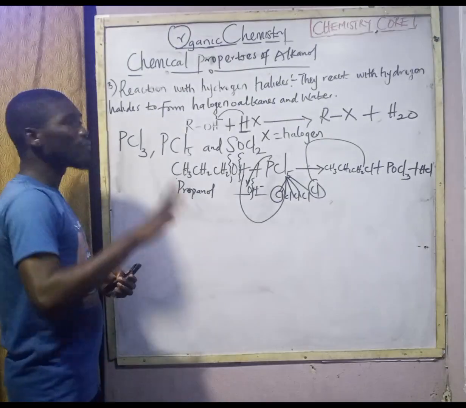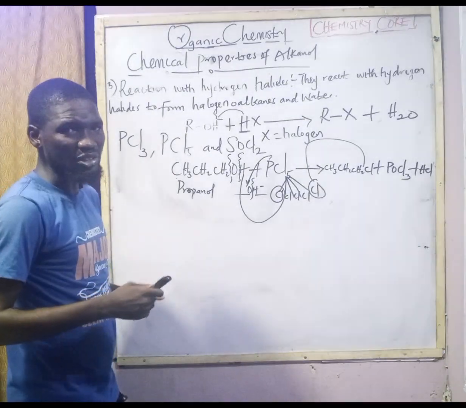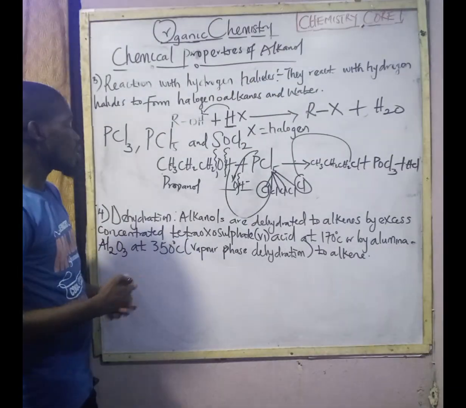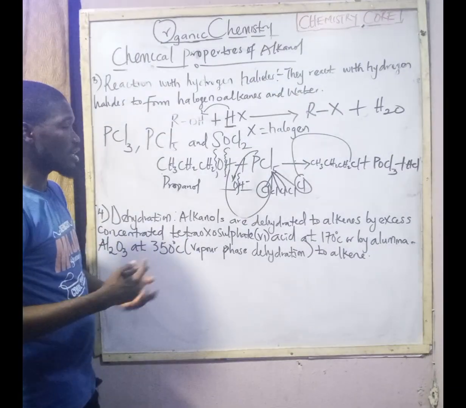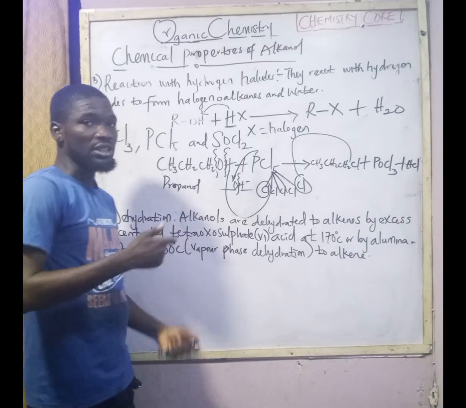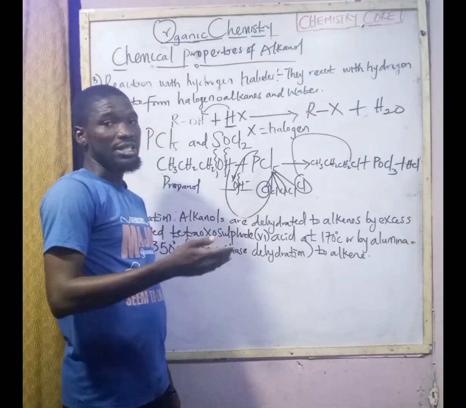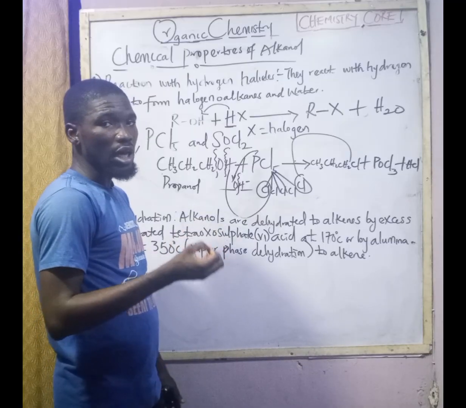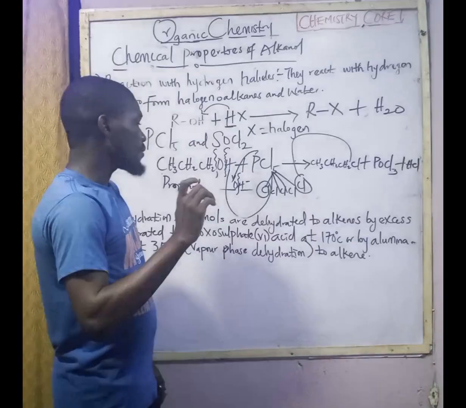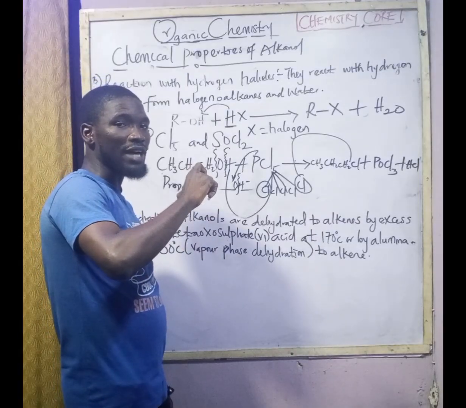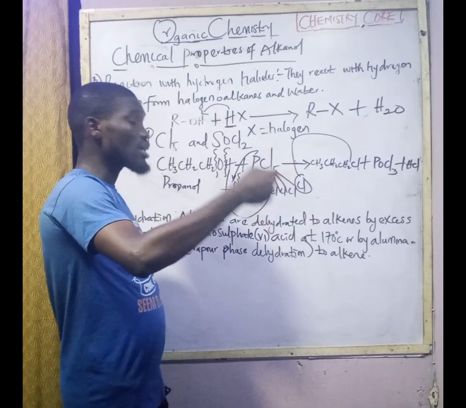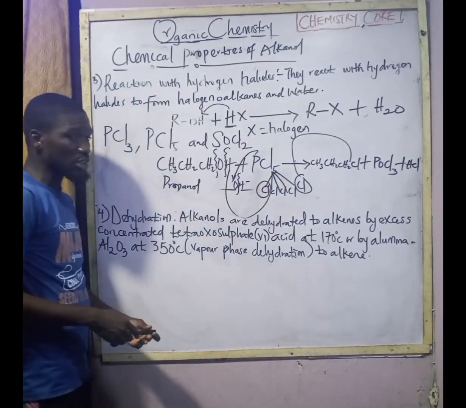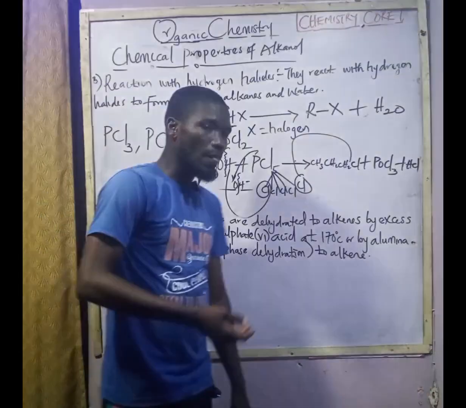So now let's take the fourth one, which is the dehydration. So number 4, which is dehydration of alcohol. Alcohols are dehydrated to alkenes by excess concentrated sulfuric acid, which you all know as tetraoxosulfate 6 acid, or alumina. For the sulfuric acid, it is at 170 degrees Celsius, and for the alumina, that one is 350 degrees Celsius, to give alkene.